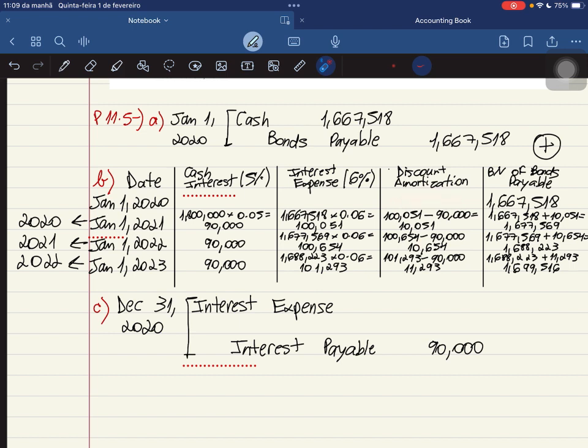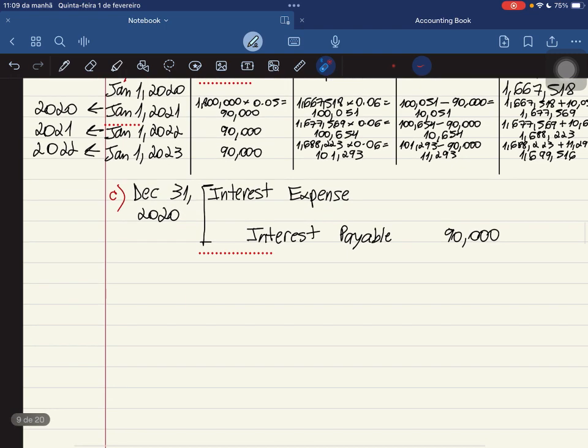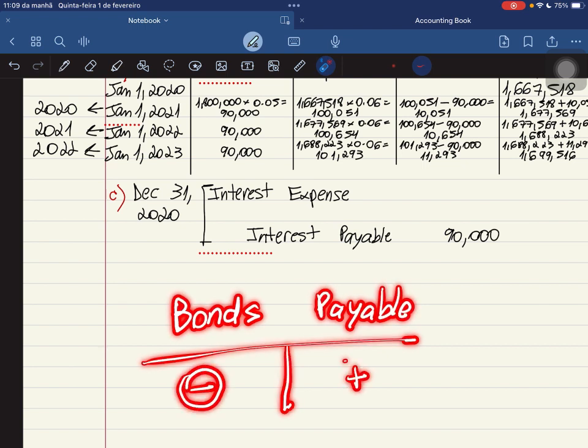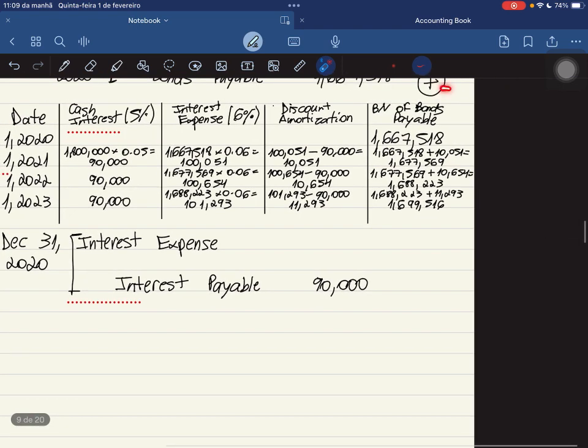Now, the position is either going to be debited or credited. How do you know? Bonds payable, it's a payable, so it is a liability. More specific, I believe, is a non-current liability, which means that it is a minus and a plus. You just have to check if your values over here are going up or down. We are increasing them, right?